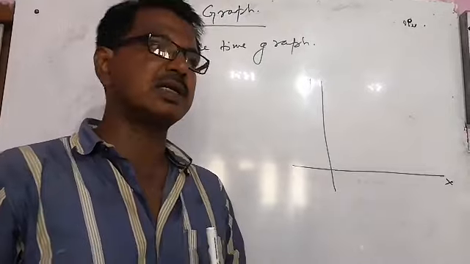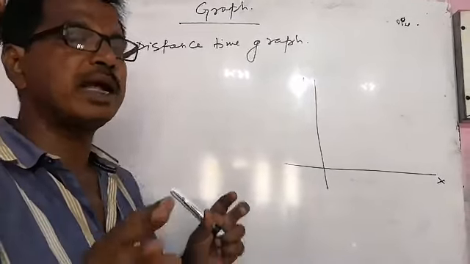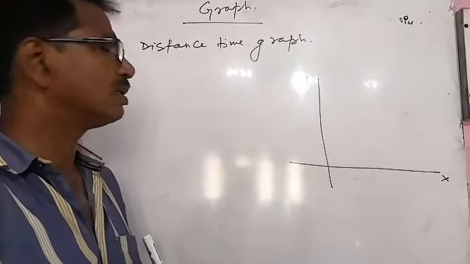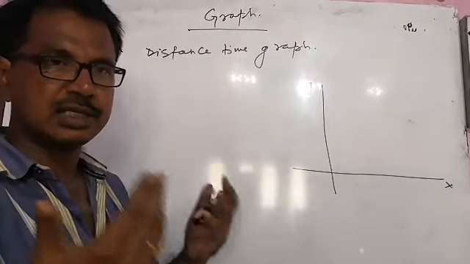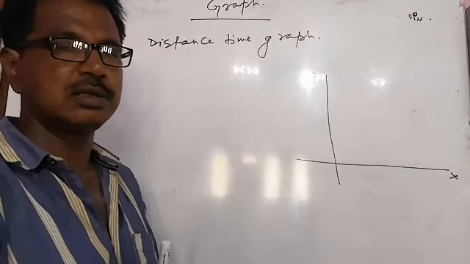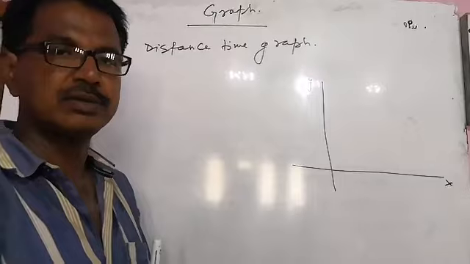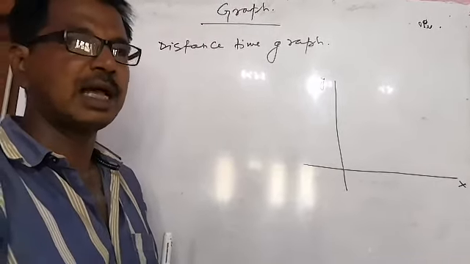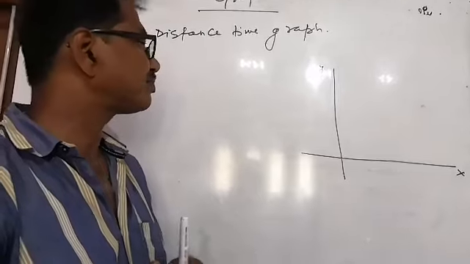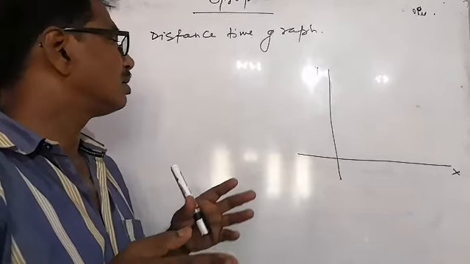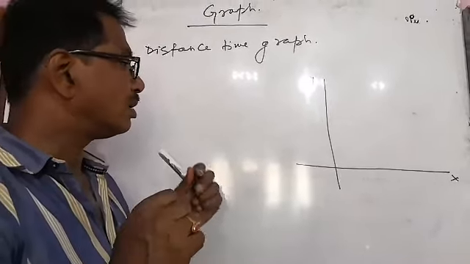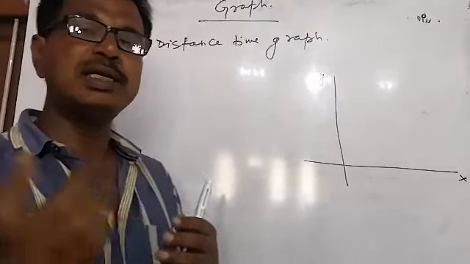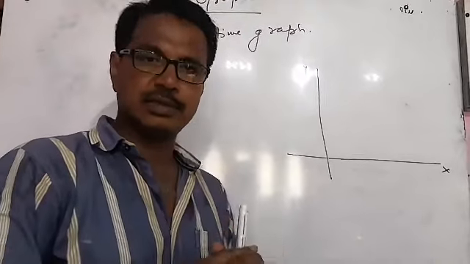That physical quantity which is independent. Means though the distance changes or not, time will certainly change. Time will go on increasing, but sometimes it happens that though time is increasing, distance does not change.